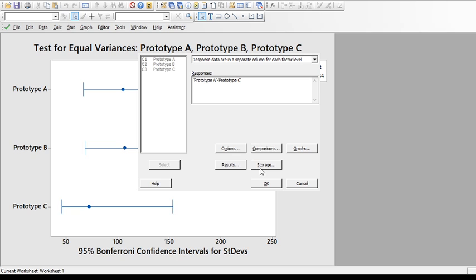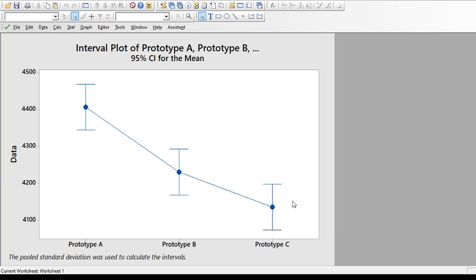And then in storage you will come, right? You will click on I want to store the residuals also, okay? So far so good. And now we're going to click OK. So you would have got a similar window after doing the analysis, right? So I've got prototype A mean, prototype B mean, and prototype C mean.